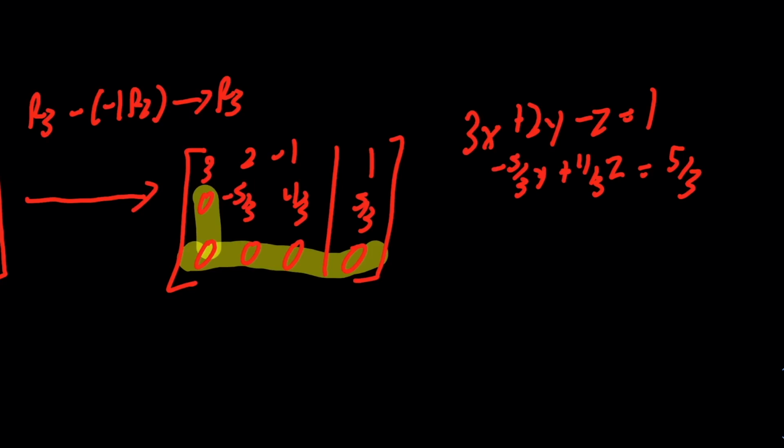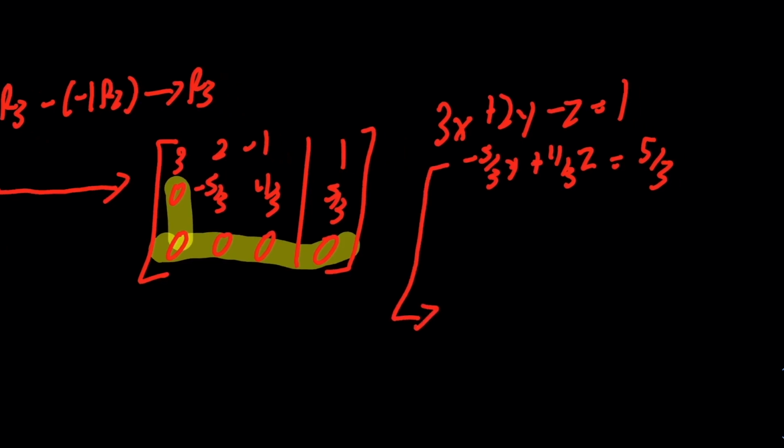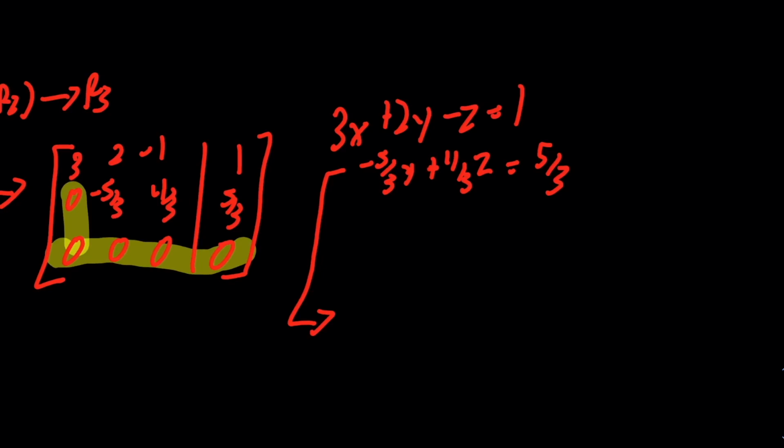Our first step is we're going to grab our second equation, and we are going to solve for y. So, to do that, we'll subtract 4/3 z on both sides.